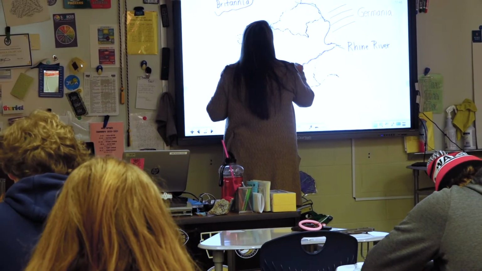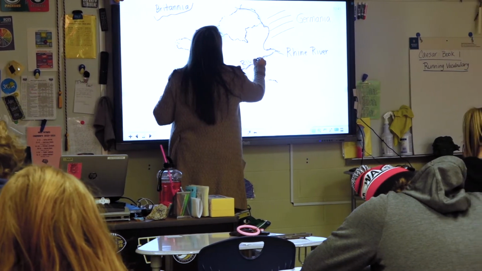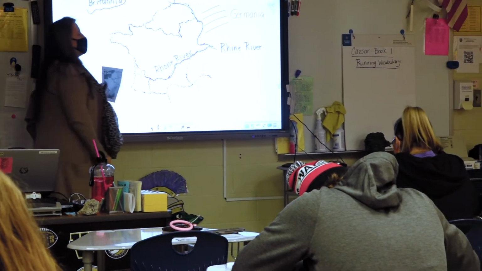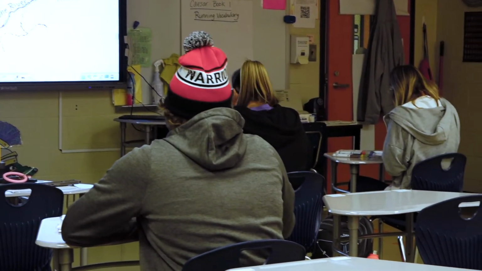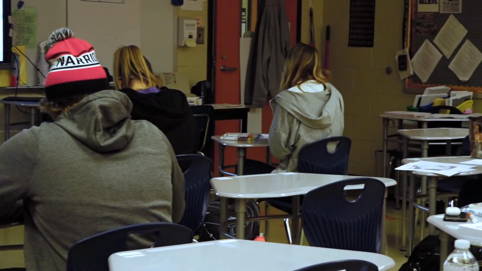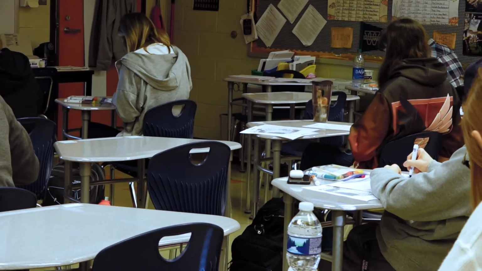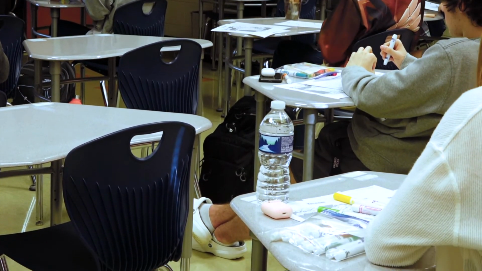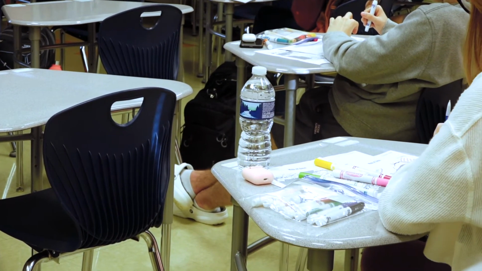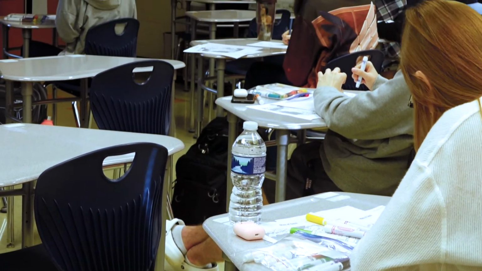This is called the Rhone River. And I want to make sure I don't miss any of the things that I want to get on here, so that's why I've got my cheat sheet. There is a river that runs right here. Now, granted, it doesn't run into the ocean, but I want to show you that this is the actual river. This is called the Garonne River.